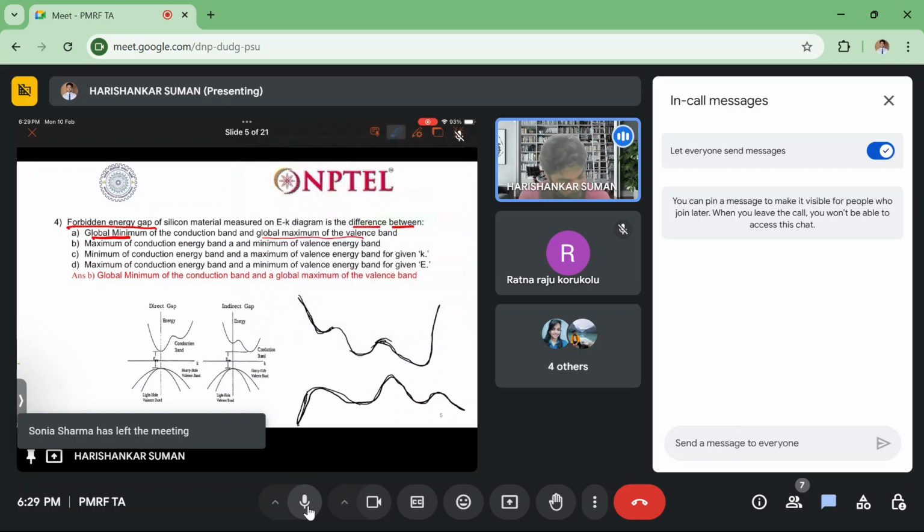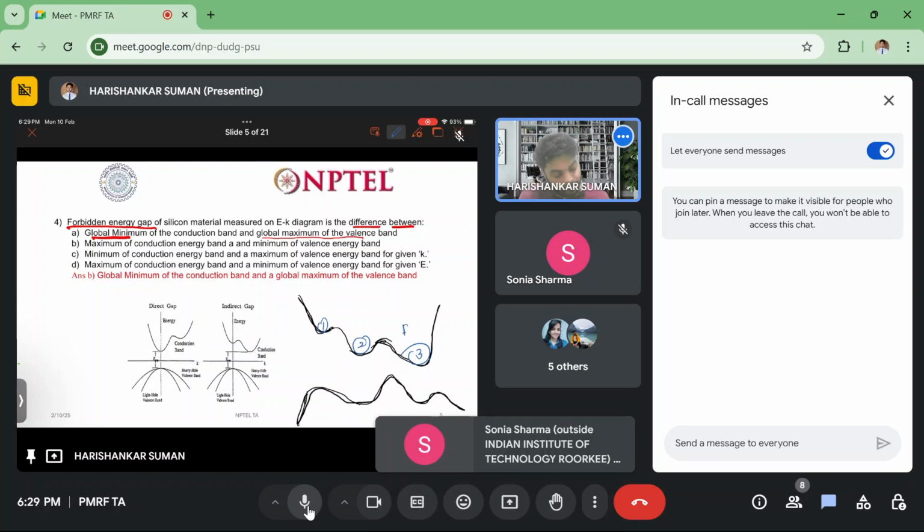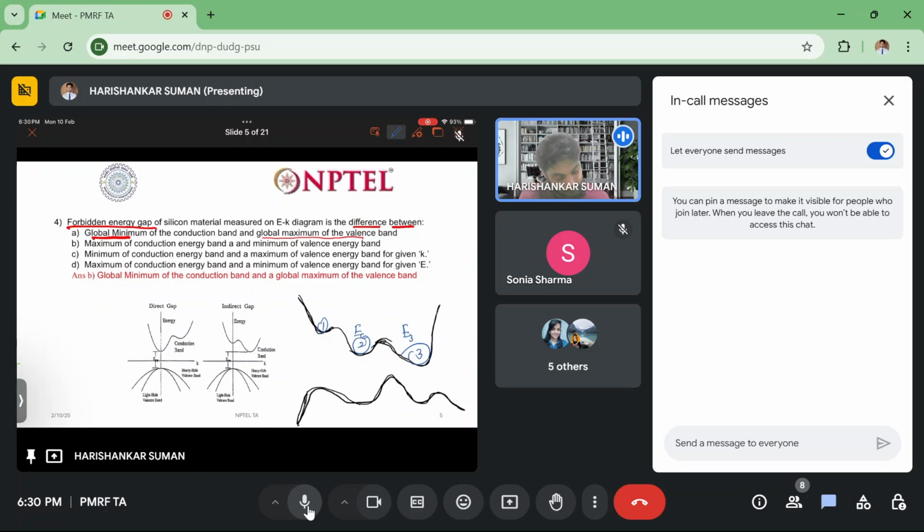So where is the global minimum for this? One, two, or three? E3, E2, E1. Where is the global minimum for this curve? This is the conduction band edge.